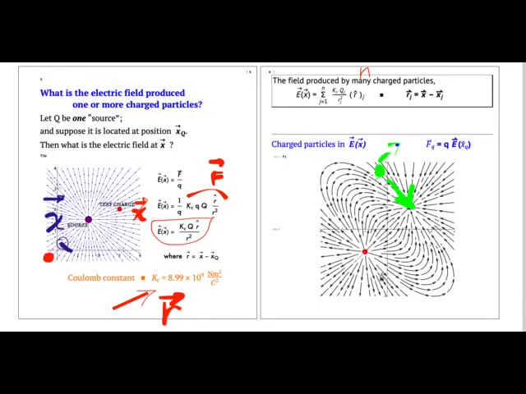And so on. I can figure out those electric fields at all points throughout the volume, and then I can connect the vectors by curves such that everywhere the curve is tangent to the electric field at that point.